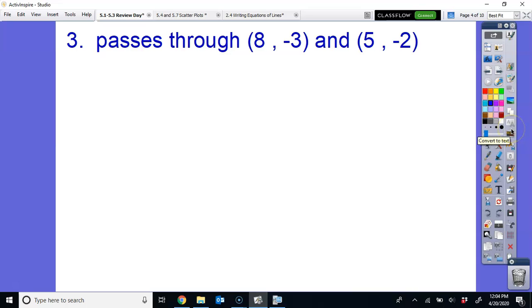The last type of example that we looked at before the break was what happens if you have 2 points on a line and you need to find the equation of that line. Specifically, this is going to tie very closely to more real-life situations where you have two pieces of data. 5, -2 would be about here. 8, -3 is going to be about over here.